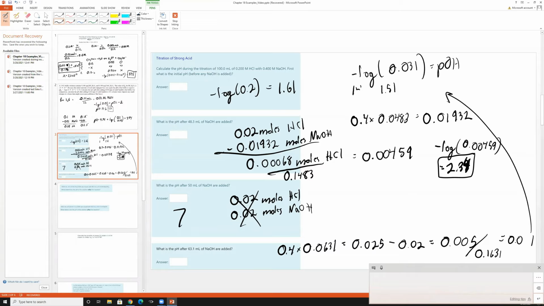Then we could do 14 minus 1.51 for the pH to get 12.49. So with the excess base added, you're going to have a high pH, very basic, of 12.49.